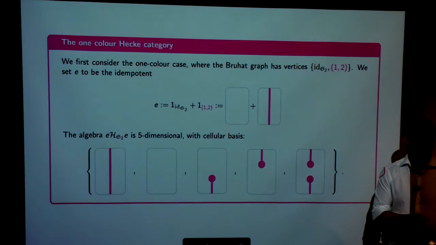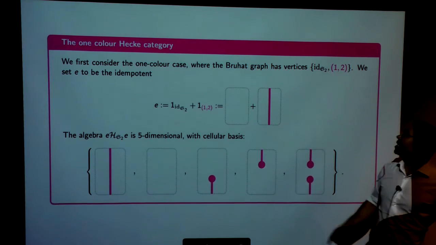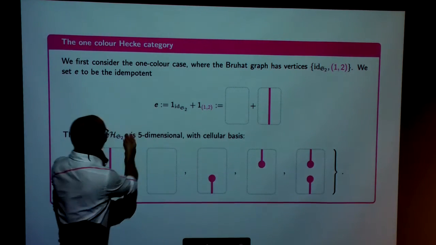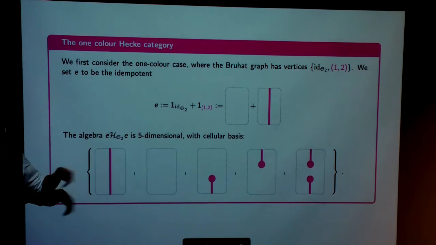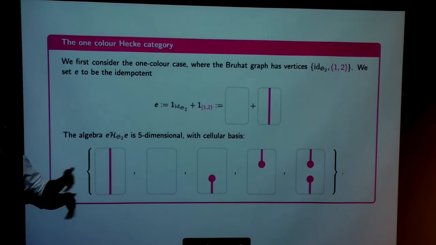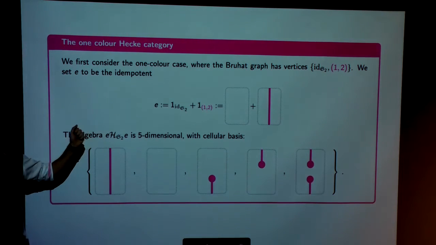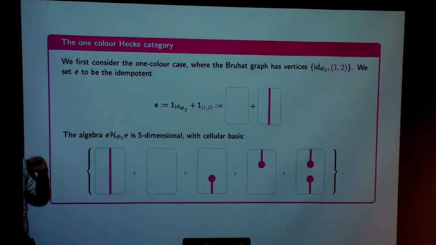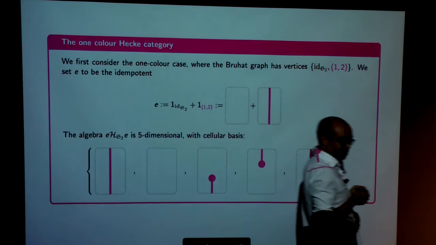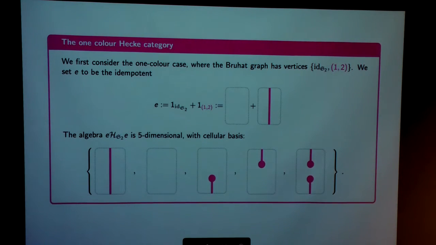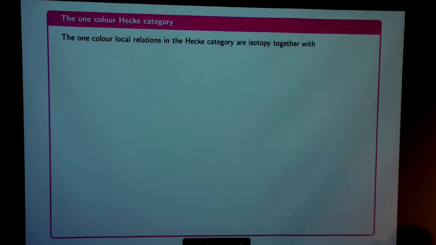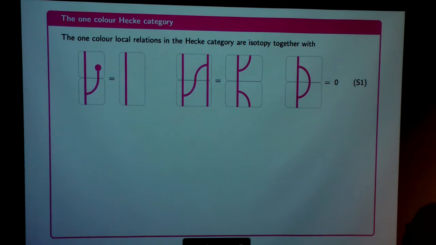So what's the dimension? If you actually did this without truncating, you'd be able to define some monoidal category which is infinite. But in this talk, I only ever want to consider finite things, and that's the little trick I did to do that. So now I'm going to tell you how to multiply in this algebra. There are some relations.